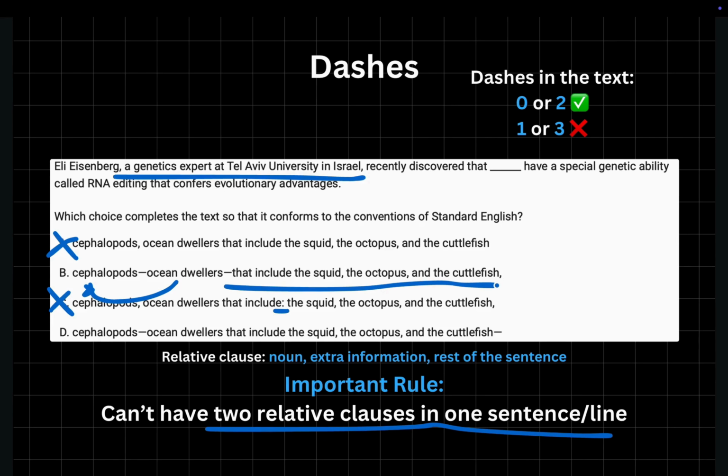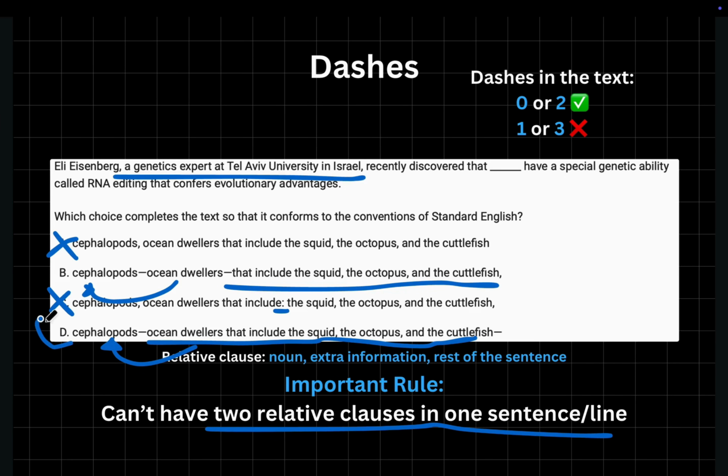It is not extra information about cephalopods. However, we can see that this is wrong, because ocean dwellers that include the squid, the octopus, and the cuttlefish is a description or extra information on cephalopods and is not necessary for the sentence to make sense. Choice D considers ocean dwellers that include the squid, the octopus, and the cuttlefish to be a description or extra information on cephalopods. Therefore, this choice is correct.